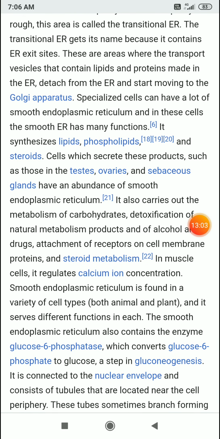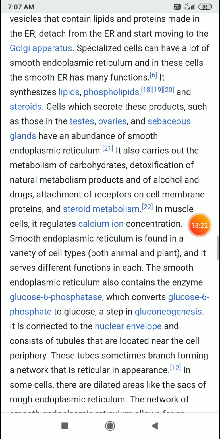It also carries out metabolism of carbohydrates, detoxification of natural metabolism products, alcohol and drugs, attachment of receptors on cell membrane proteins, and steroid metabolism. In muscle cells, it regulates calcium ion concentration.